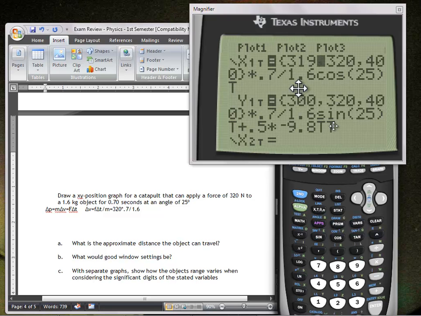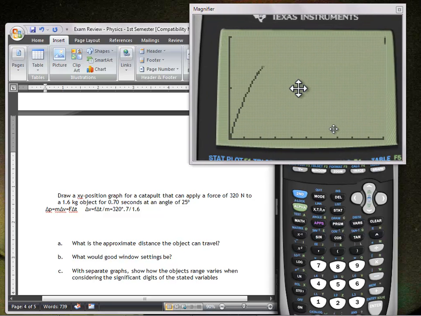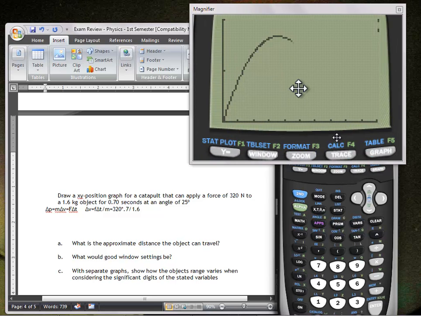Let's suppose we know it's between 310 and 330, and 320 is kind of our best guess at that. If we do the same thing down here, and hit graph, then you'll see that the range is a lot closer together.